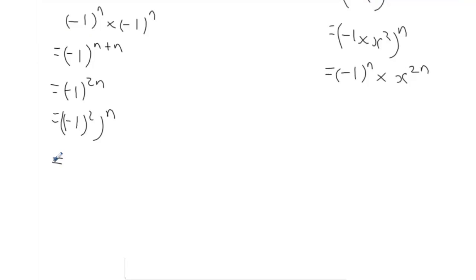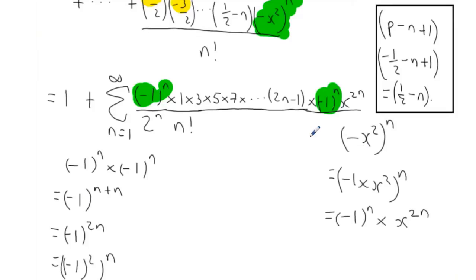Minus 1 squared is 1, so this is 1 to the power n, which just equals 1. So if we go back up here, both of these terms can be cancelled off as they multiply together just to give you a 1.